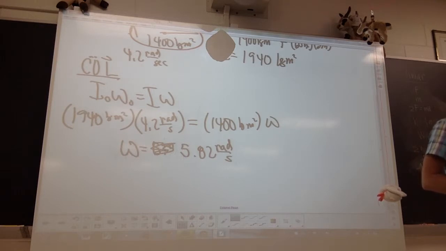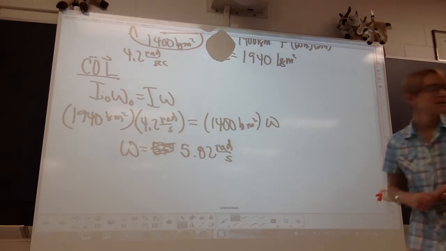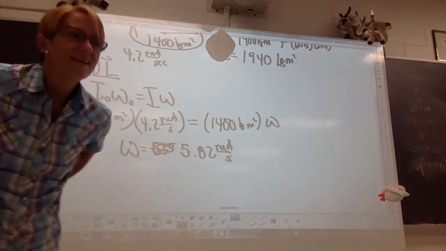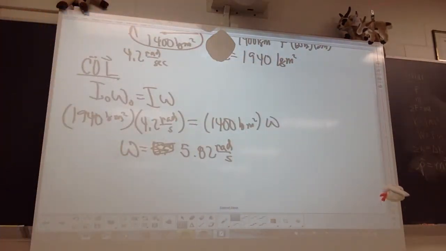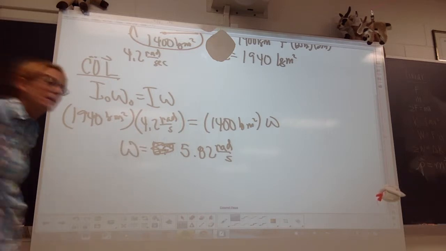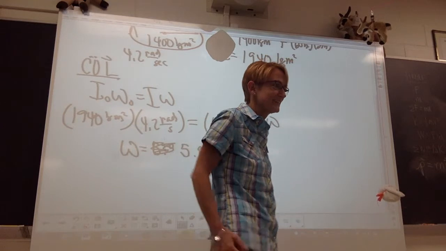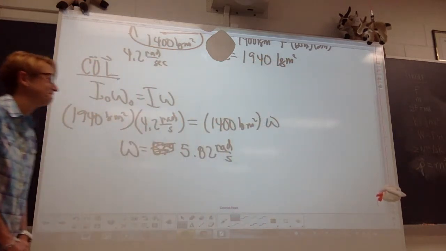So the sphere has the smallest I, so it rotated faster, right? No, we were figuring out linear velocities. So it depends on the radius too. Because I'm not finished teaching. Good so far?